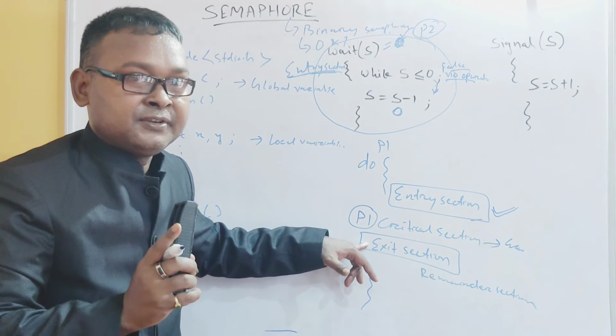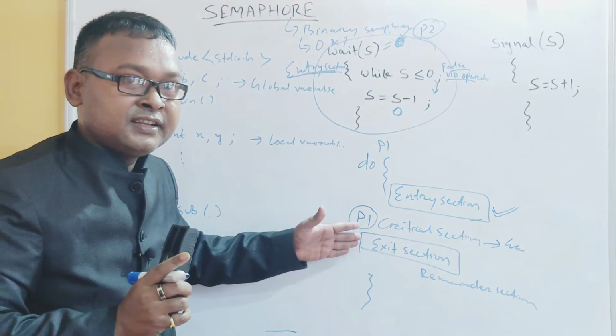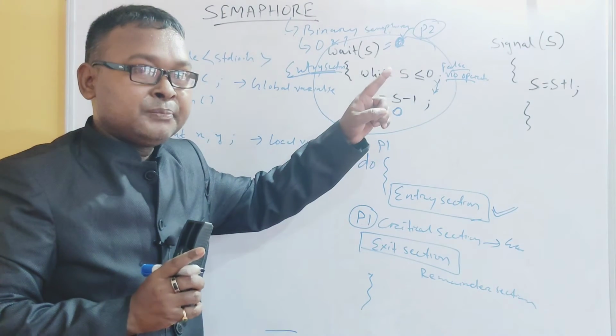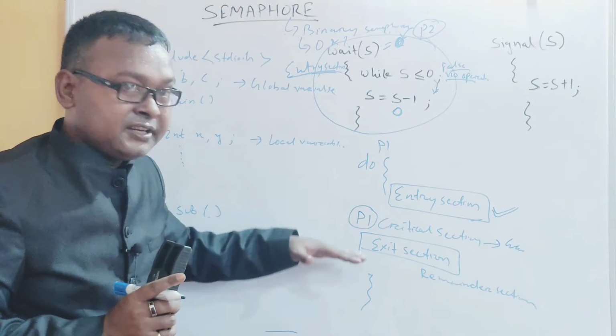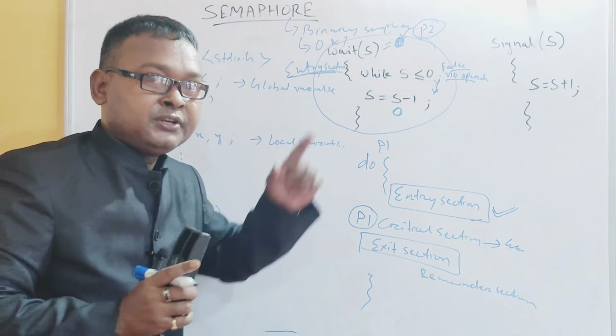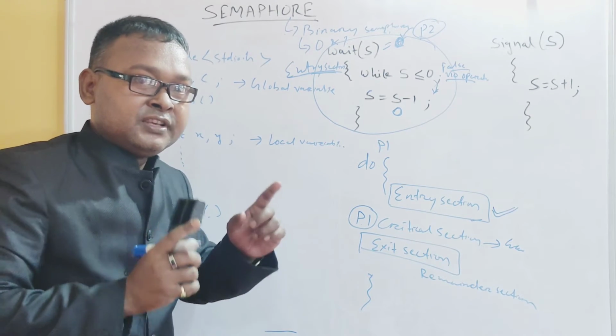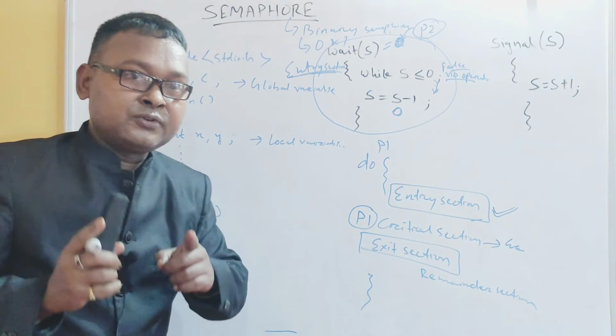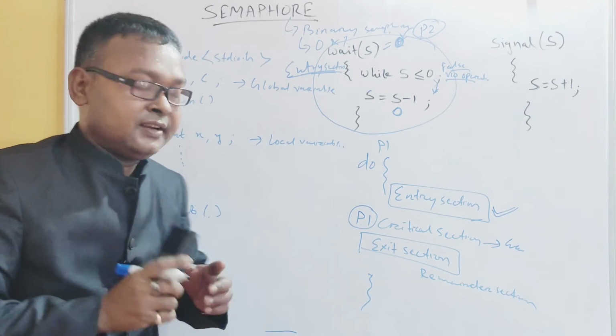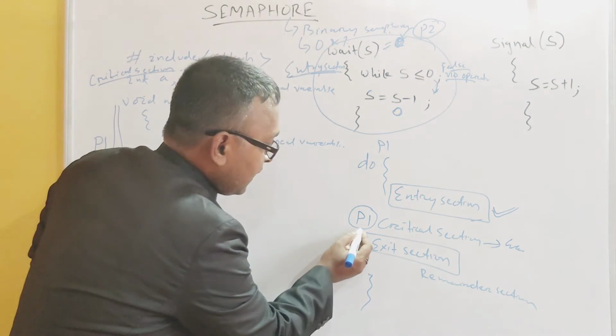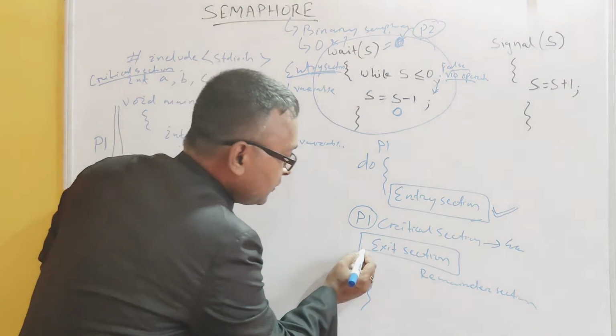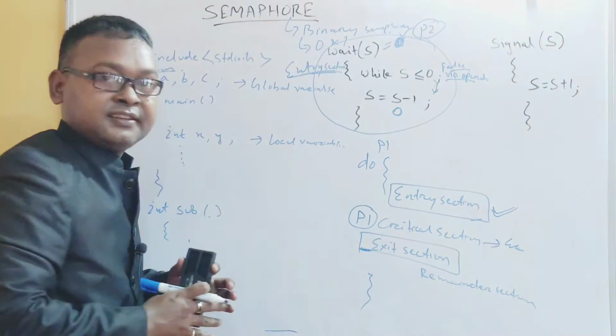Progress is also achieved because P1 has entered, not allowing P2. After completing of P1 only, P2 will be allowed. So after completing the critical section, it will execute the exit section.